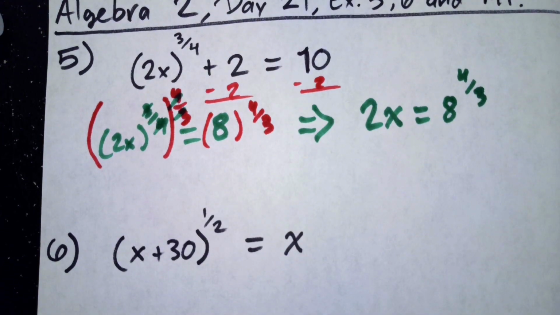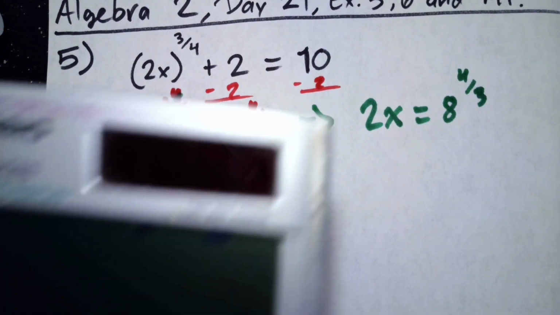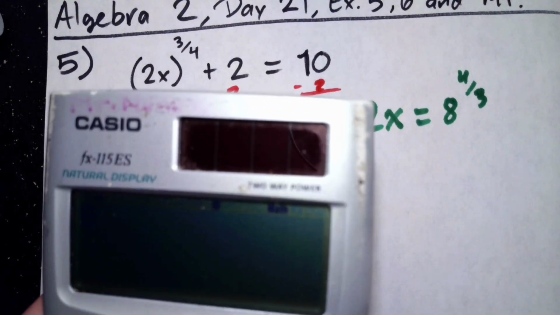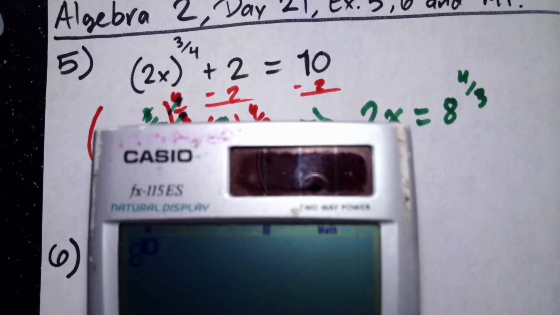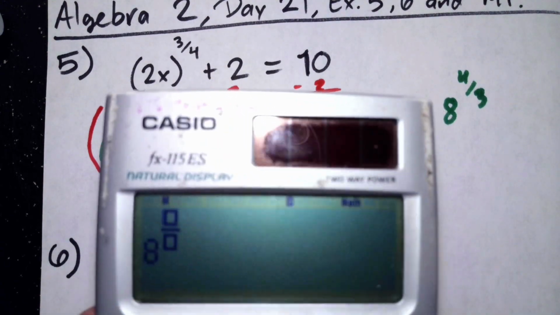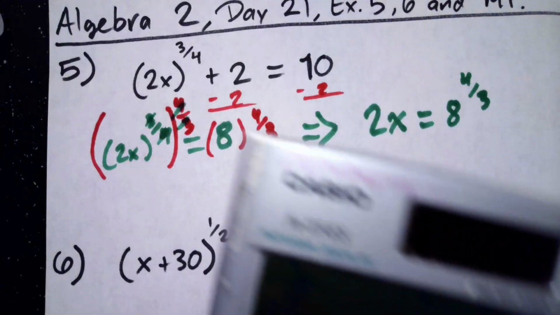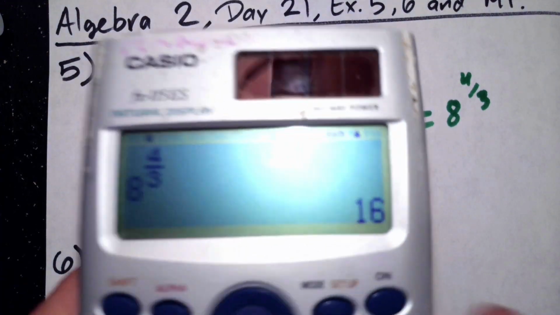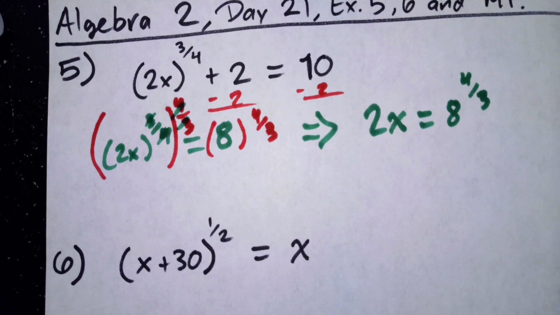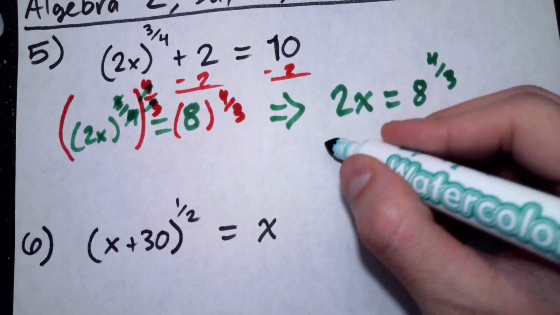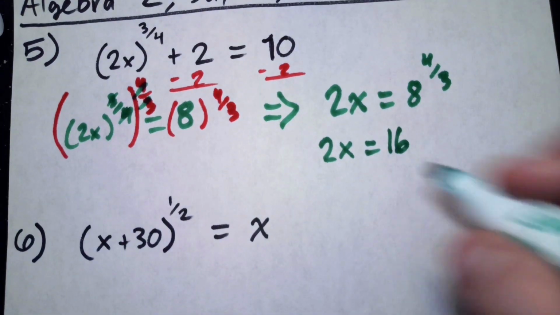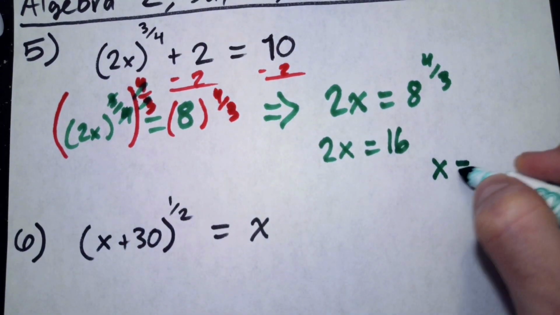And as in the last section, we can now use a calculator to solve something like this. 8 to the power of a fraction, which is going to be 4/3. That should give us 16. So 2x is equal to 16. This tells me that x needs to be 8.